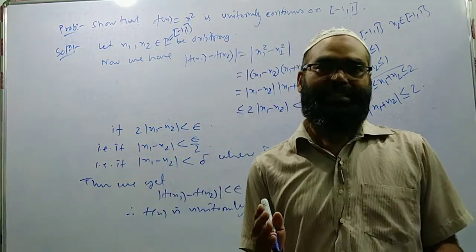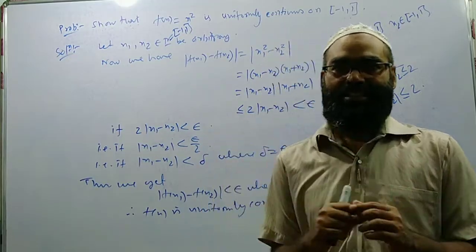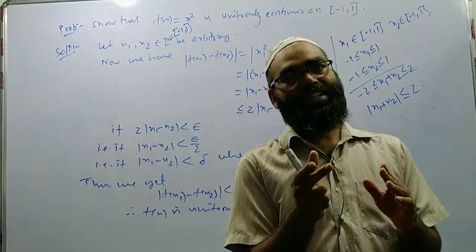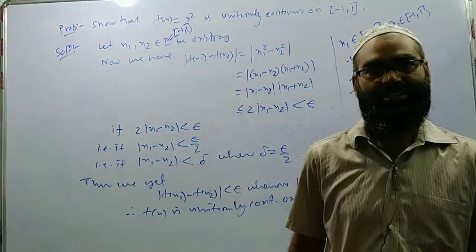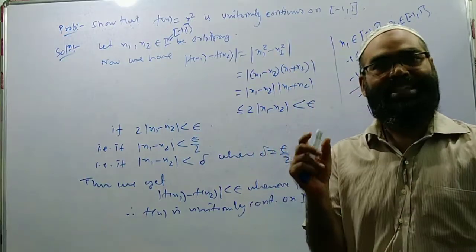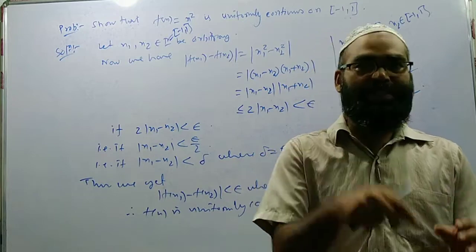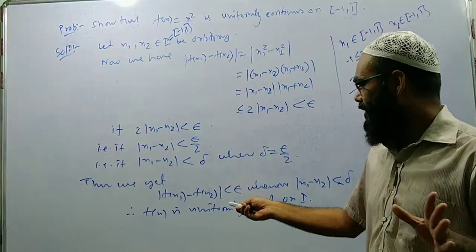In the definition, observe the language. We stated that corresponding to epsilon greater than 0, there exists a delta greater than 0. This language implies that delta always depends on the choice of epsilon, that is, delta is a function of epsilon, and this occurs here.